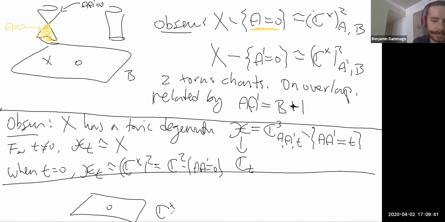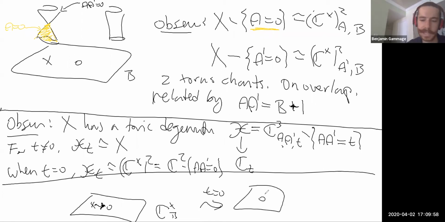Here's my C star B. What's happening is that this T coordinate is telling me that this singularity is shooting down to 0. He's running down to 0. So at T equals 0, the singularity has disappeared into this C star B.